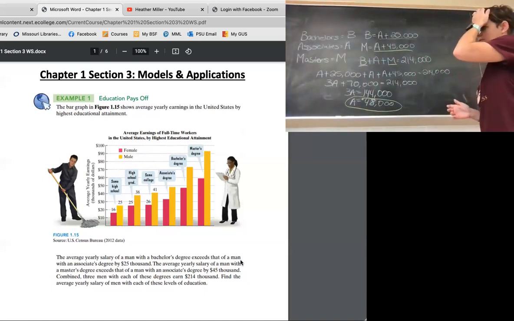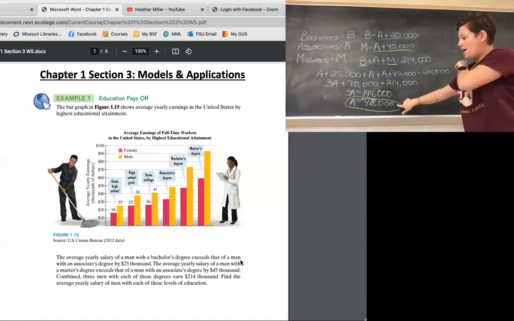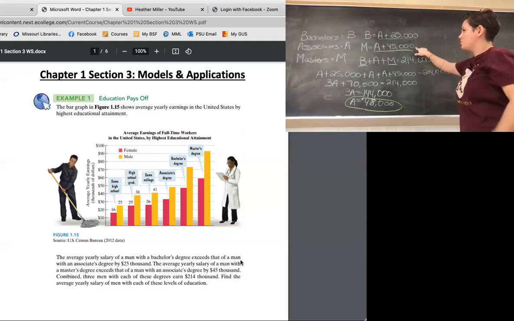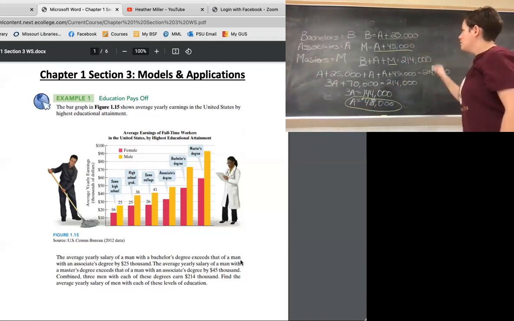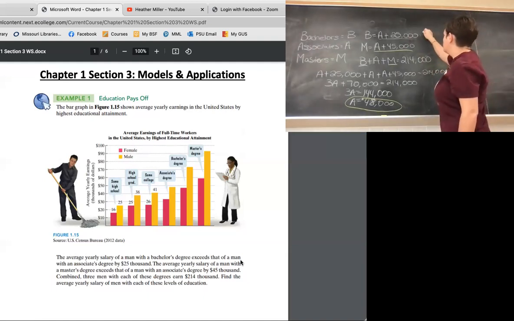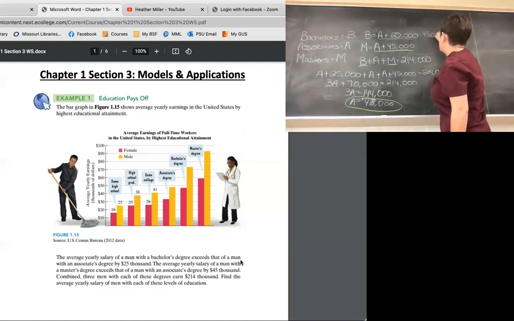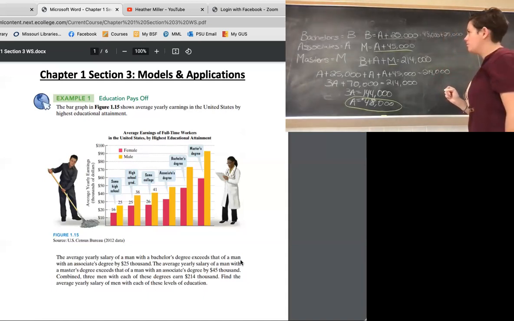So now that we know A, we can find out what our bachelor's and our master's make because they were told to us in terms of A. So we would have 48,000 plus the 25,000 for our bachelor's.